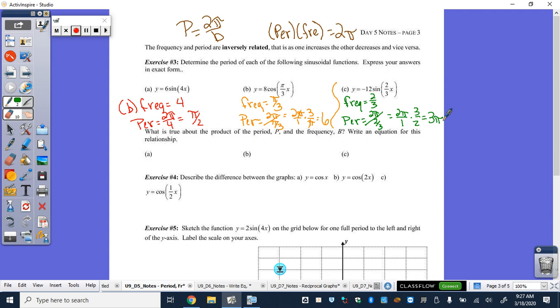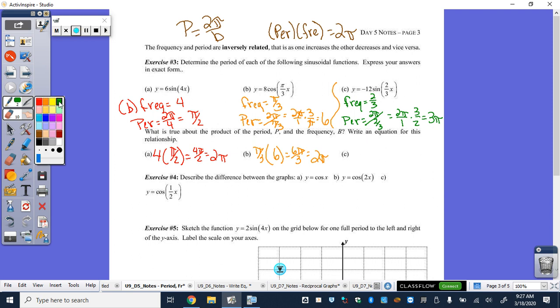So what is true about the product of the period and the frequency? Write an equation of the relationship. So for this first one, frequency times the period, if you multiply those out, you'd get 4 pi over 2, which is 2 pi. Here, we get 6 pi over 3, which is 2 pi.